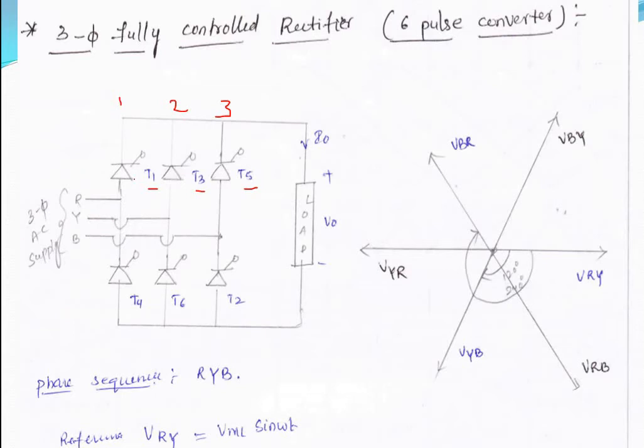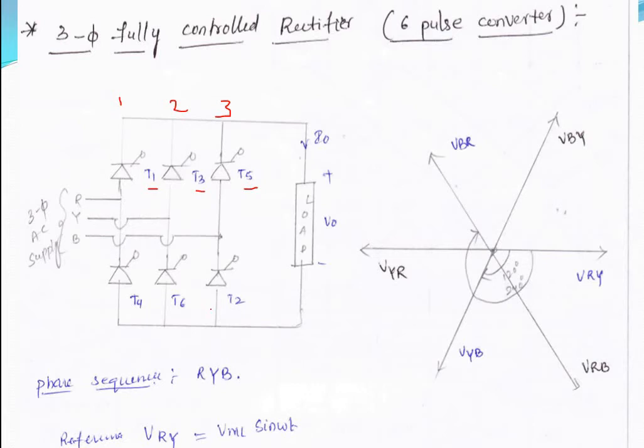Suppose T1 is conducting from the upper group; then 2 thyristors have to conduct at any instant, one from the upper group and one from the lower group. So if T1 is conducting from the upper group, then one from the lower group must be conducting.